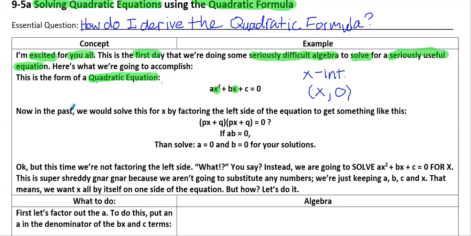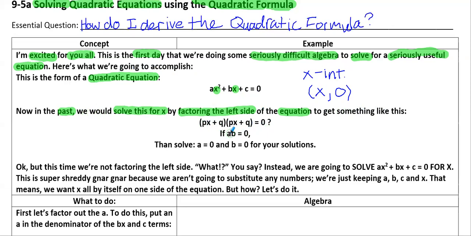Now, way back a long time ago, when the dinosaurs ruled the world, we would solve this for x by factoring the left side of the equation to get something like this: quantity px plus q times quantity px plus q is equal to 0. Actually, I used p and q both times by mistake, but whatever.